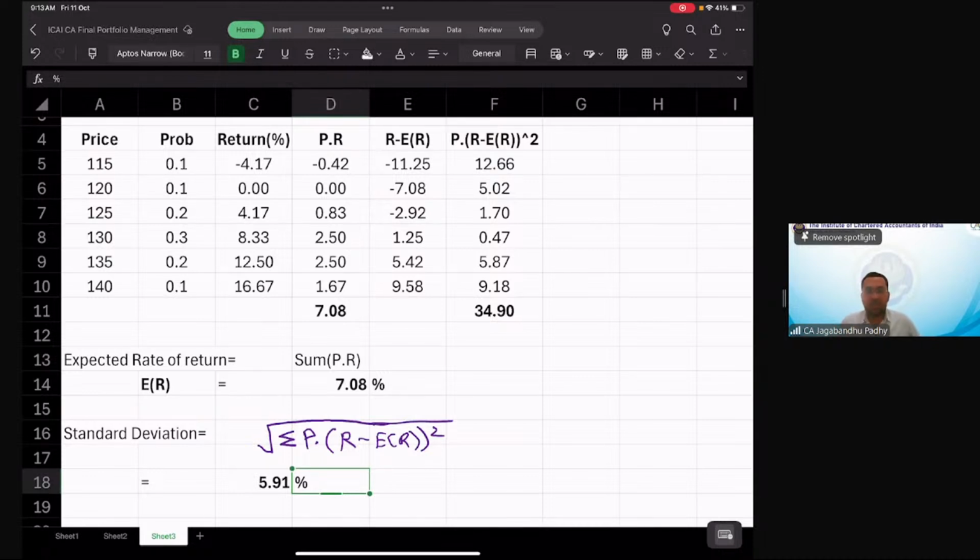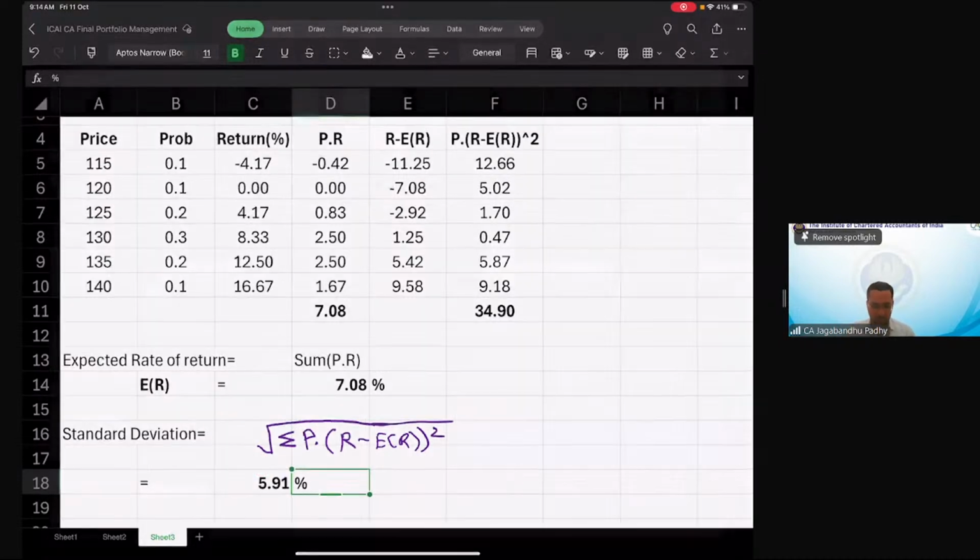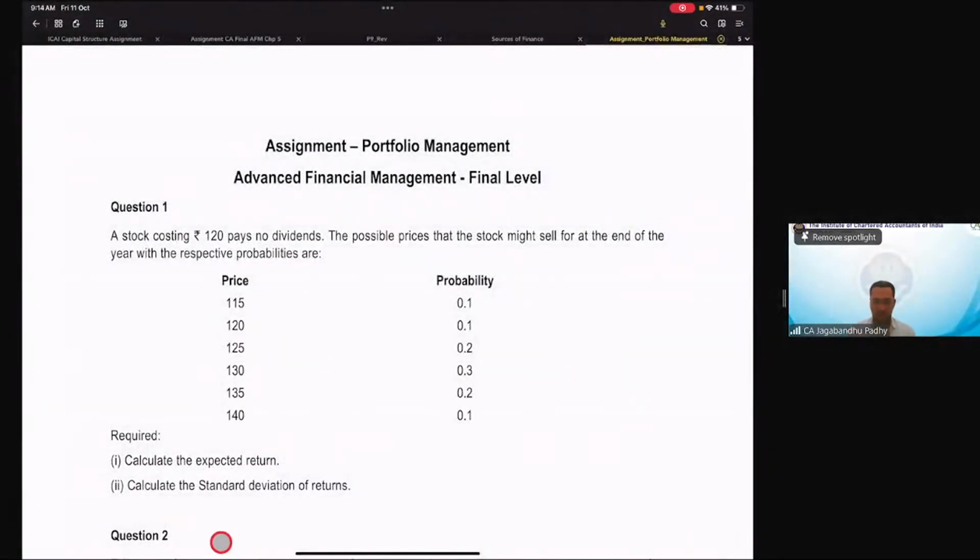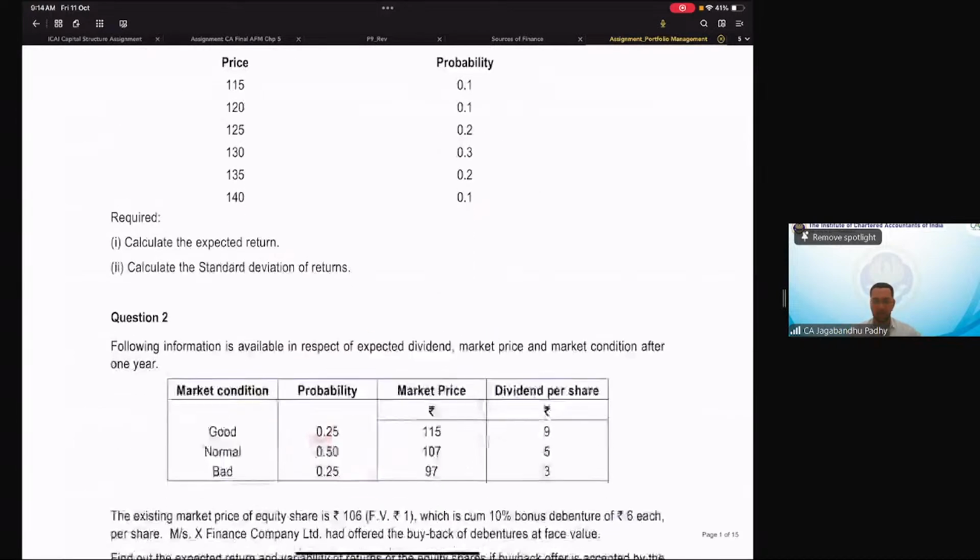But standard deviation is a very basic and simple measure to evaluate the risk of a security, and it is used widely today. So for this security, we expect the rate of return to be 7.08%, subject to a standard deviation of 5.91%. That's how we measure the risk and return of a typical security.